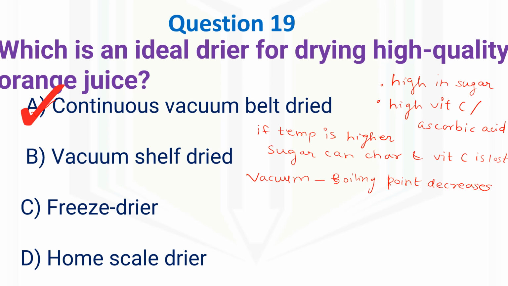With a vacuum shelf dryer, the juice will stay in one place, it is not moving, so the temperature applied will be at a localized point. So continuous motion of the juice is necessary, and the continuous vacuum belt dryer is the best option.